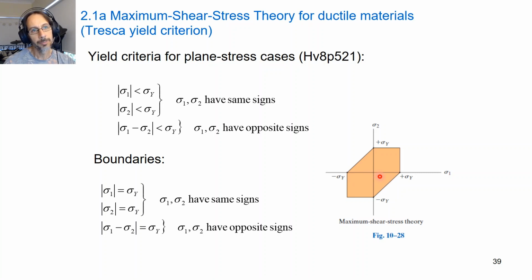So if you load it up, you move out along this way, and you get to this point here, which is the point at which the criterion says that you've reached yield. But look, the principal stress is less than the yield stress. All right, so you need to be making use of this failure criterion. You can't just work out what the maximum principal stress is and compare that with the yield stress. You have to look at the total state of stress.